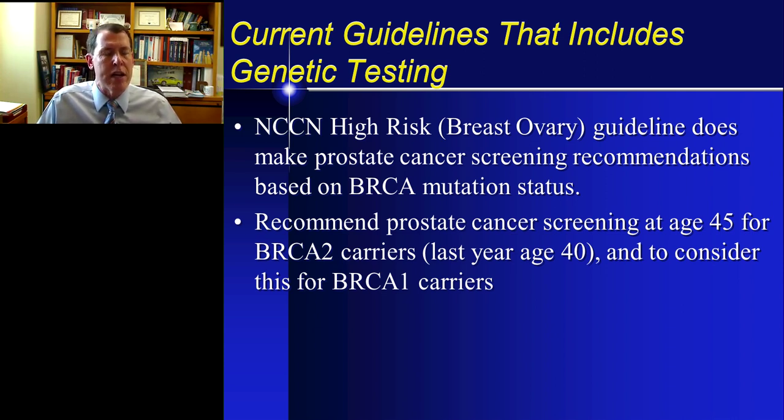Last year it was 40, but I think the key teaching point is that in BRCA families, or in families who have these mutations, the males are at increased risk for developing prostate cancer, and those men need to be placed on some type of focused testing program for prostate cancer.